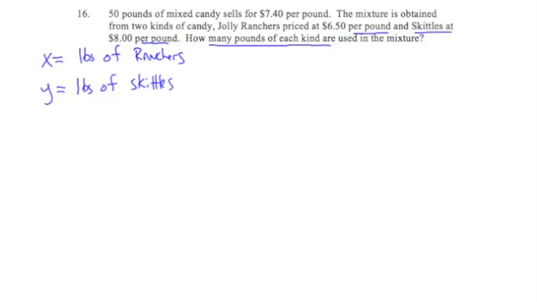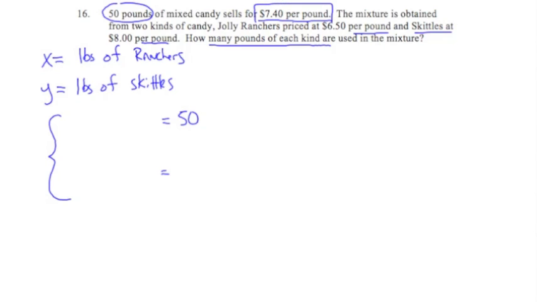Okay. Now I'm going to set up my system of equations. And again, I think here we have totals in this particular problem. The first total is that altogether here we're going to have 50 pounds of this mixture. The second total is that in the end we want this candy to sell for $7.40 per pound. That's a little bit tricky, but we'll figure this one out.